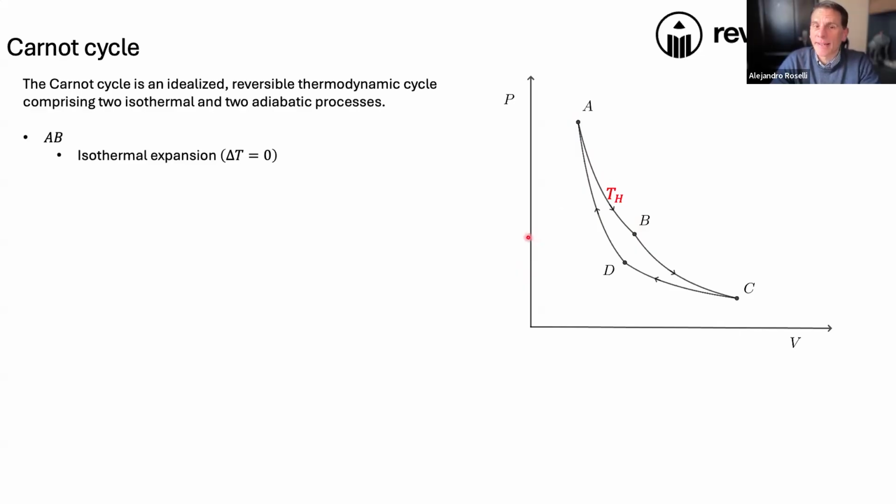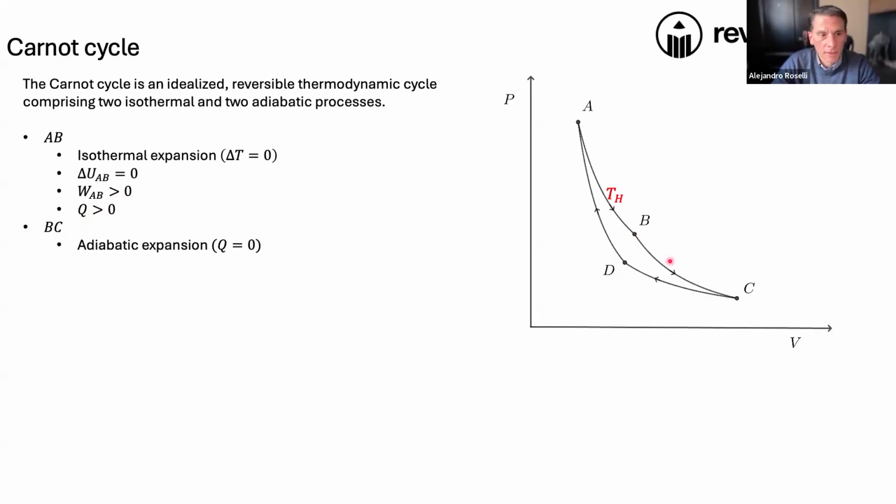That temperature will be the highest temperature, represented as TH, H for hot. There's no variation in internal energy because temperature is not changing. There's a positive amount of work being done since it is an expansion, and heat is inserted into the system.